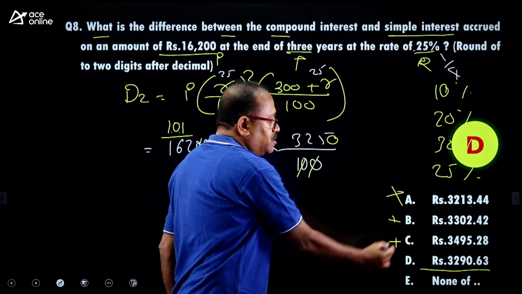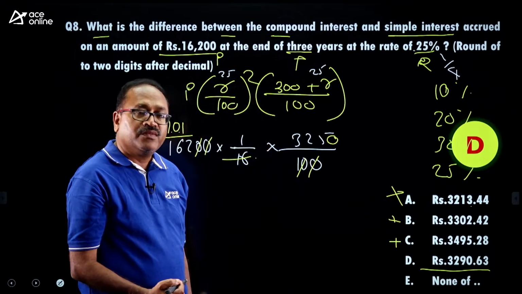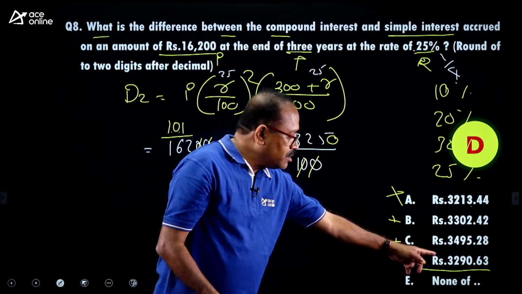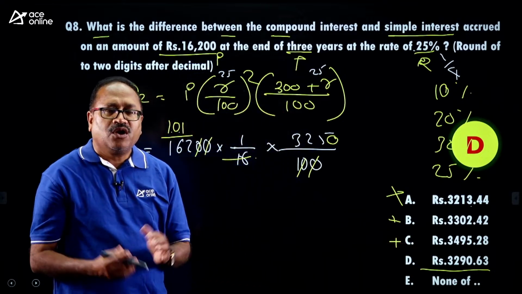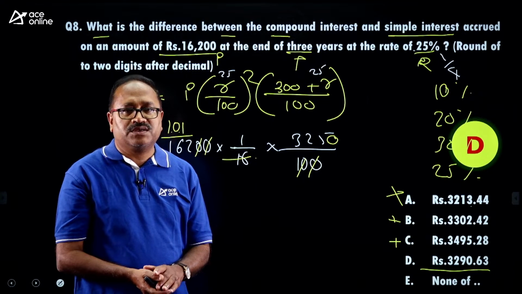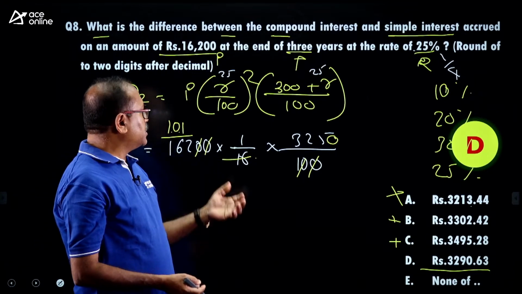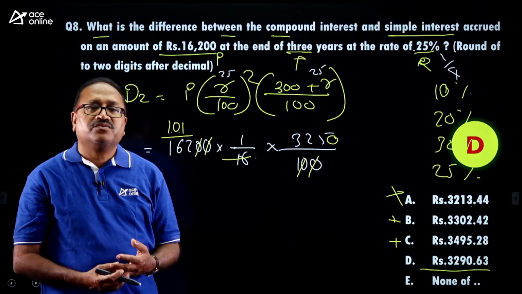So I will eliminate this because it is less than that. So only option left is this. Or else you can go for the detailed calculation, but don't waste too much time. A little bit of risk is worth taking.